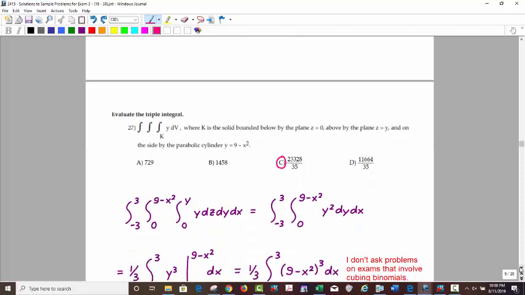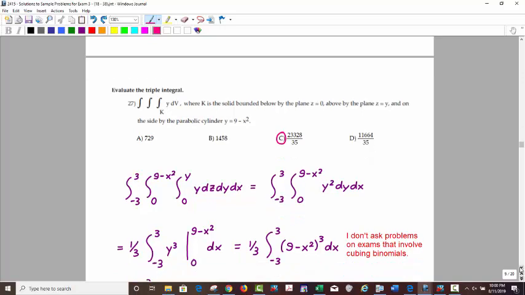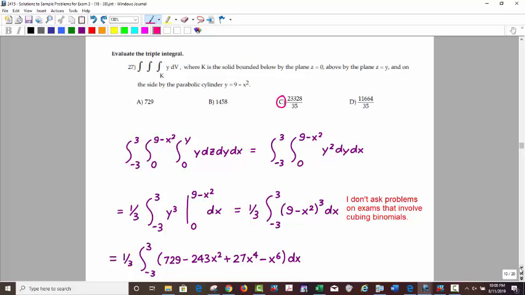Number 27. We're going to evaluate a triple integral given by the following regions. Let's see what we have here.